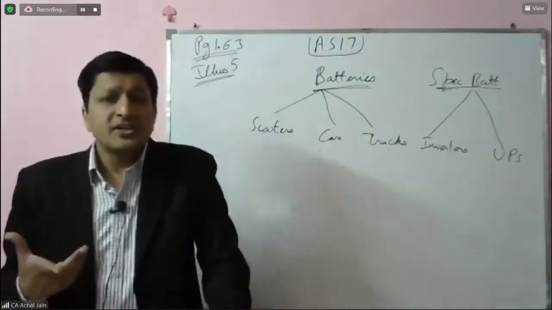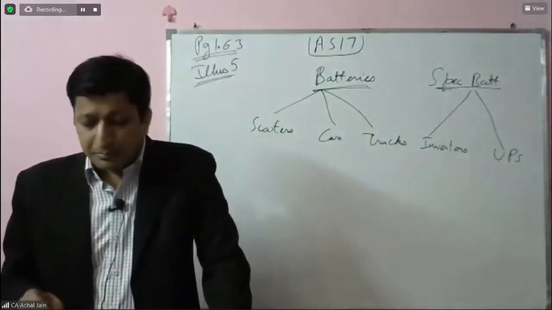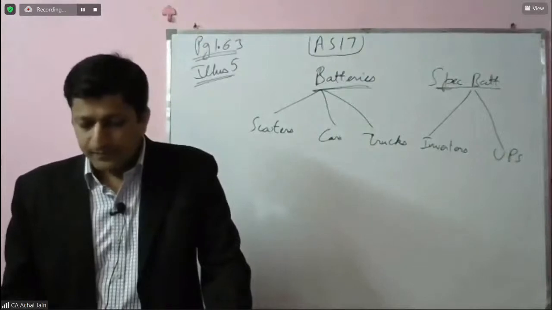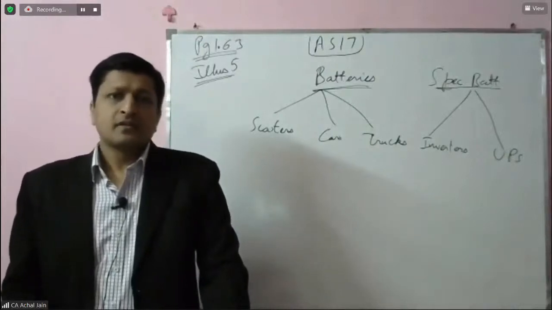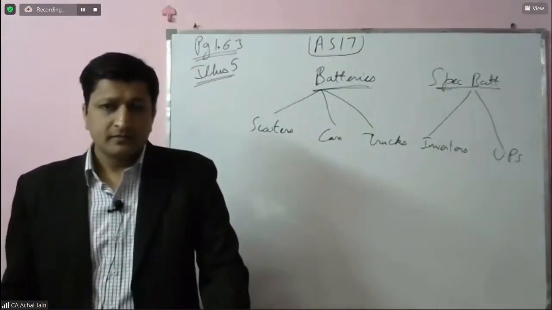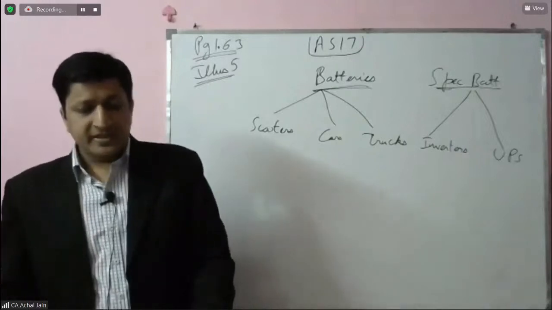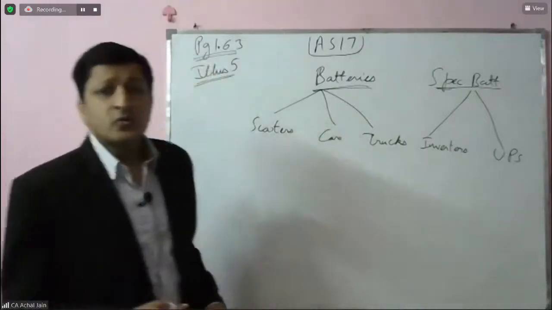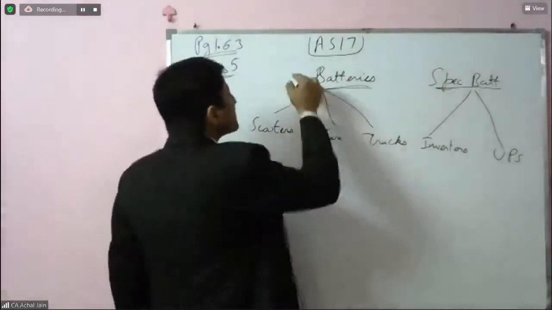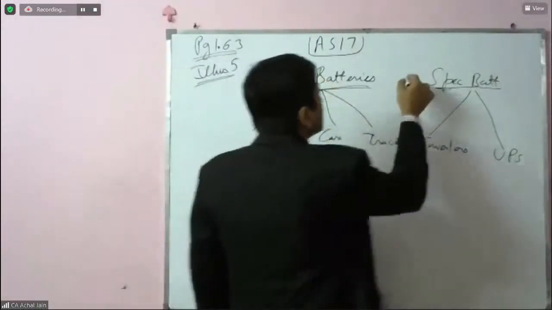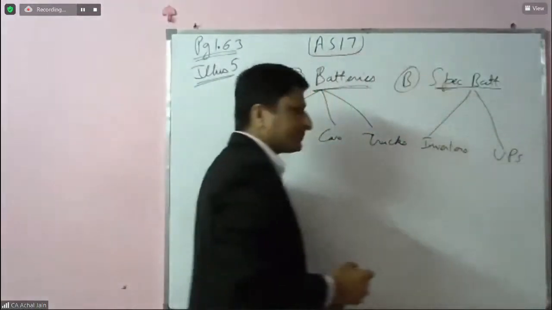It's not the road condition which will have an impact, but it's the power condition and standard of living which will have an impact. Okay? So that's why we can say there are two segments. This is segment A and this is segment B. Okay.